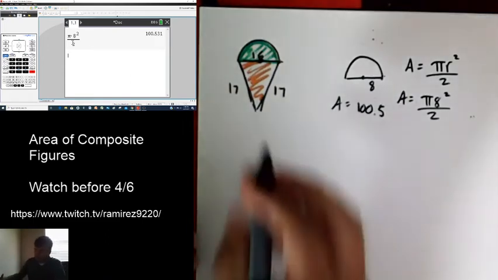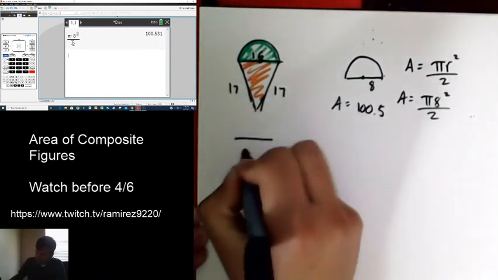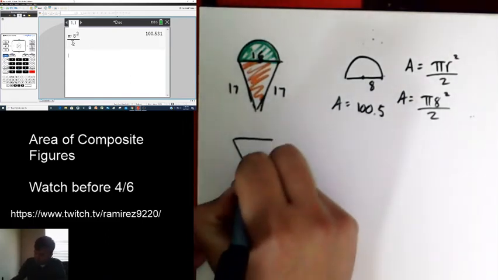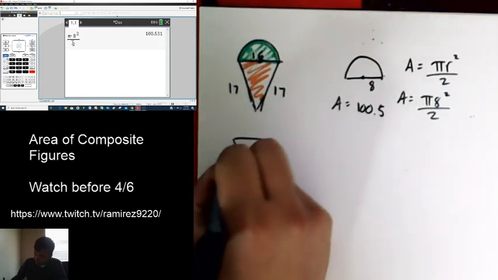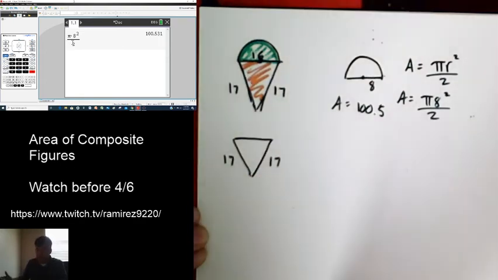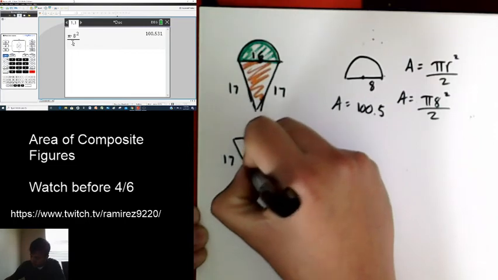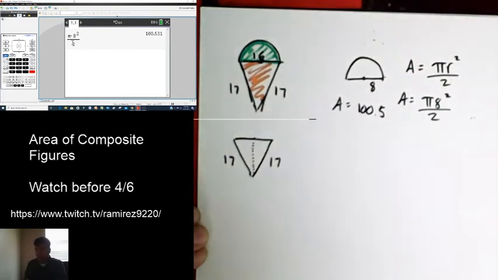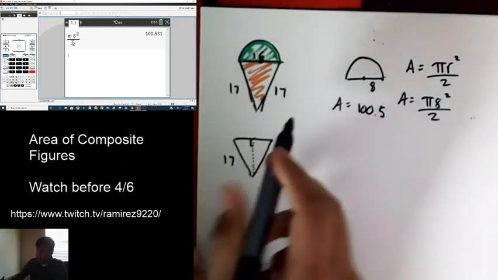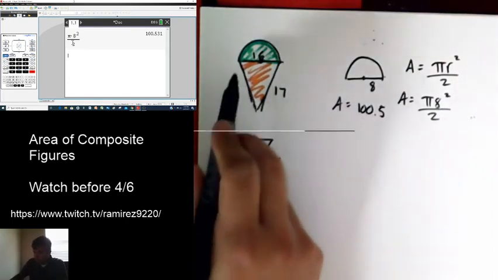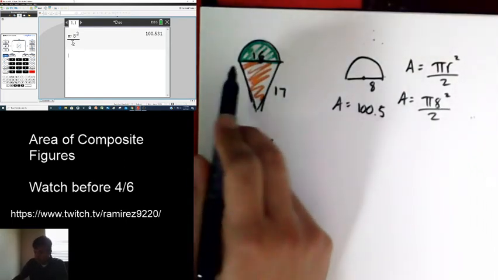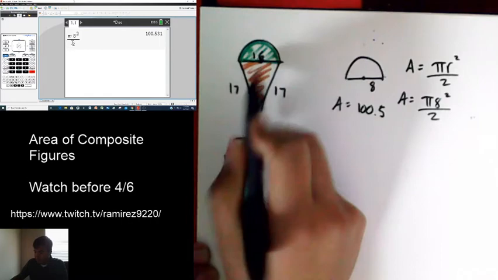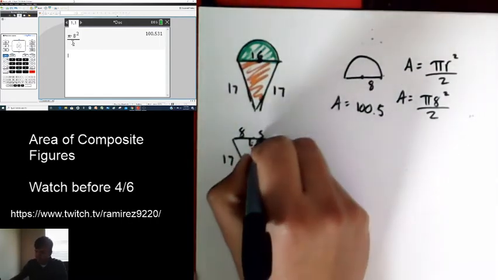Now the triangle has no clear height, but we know it's an isosceles triangle. So you can create this line yourself, and this line actually cuts everything down the middle. If this whole thing was 16, and we already know that this piece was 8, so it's obvious that's 8, and this piece is 8.